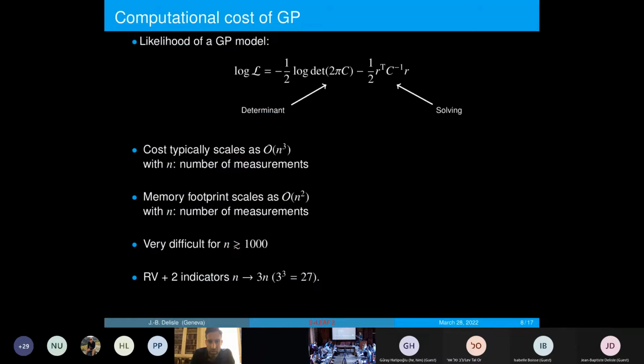Okay, so now we have seen that it's very interesting and powerful, this model, but the main issue is the computational cost of the Gaussian process. So since we assume a Gaussian process, the likelihood of the model will be a Gaussian distribution.